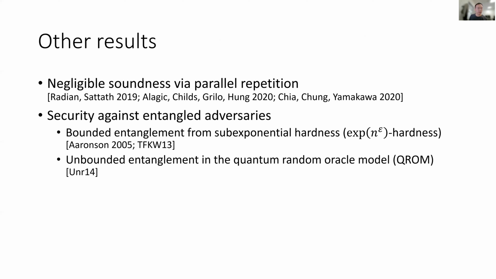What we are able to achieve is that if we assume quantum LWE is sub-exponentially hard, then we get a protocol that is secure against bounded entanglement. And if you want security against unbounded entanglement, we can also get it by combining our protocol with the protocol of Unruh, which gives you security against unbounded entanglement in the quantum random oracle model.